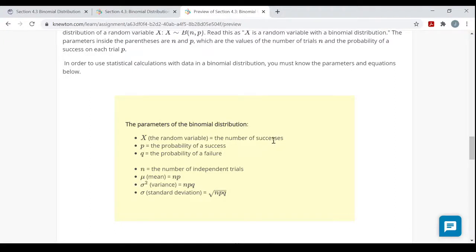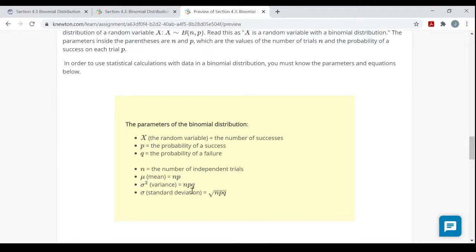Usually it'll represent the number of successes, and I'll get into an example, of course, where I make a chart, I'll make a table for you. But x will typically represent the number of successes in the n trials. p represents the probability of success on each trial. q, the probability of a failure on each trial, as you've already seen. n, the number of independent trials, the number of times you're repeating the experiment.